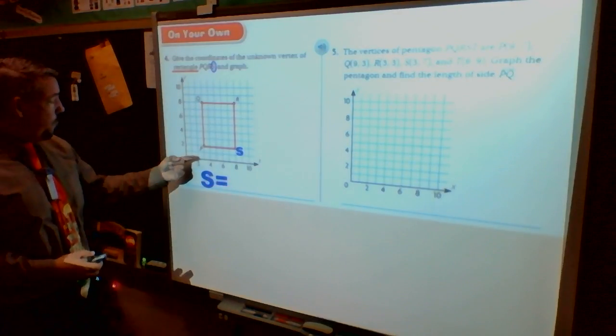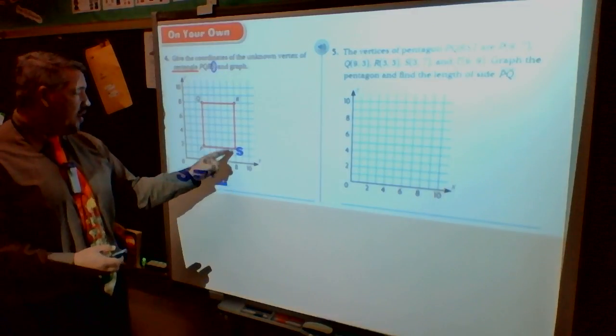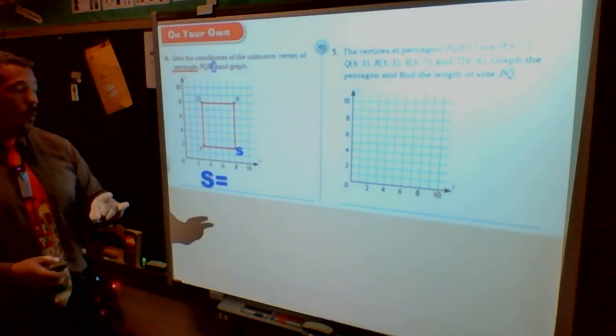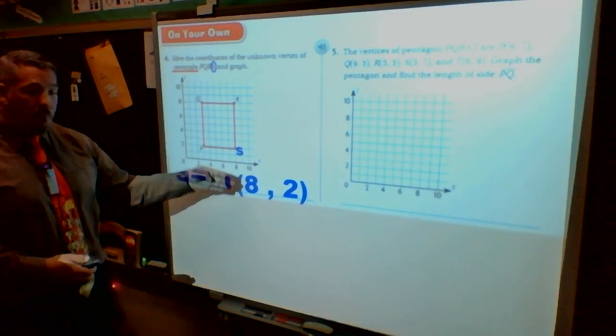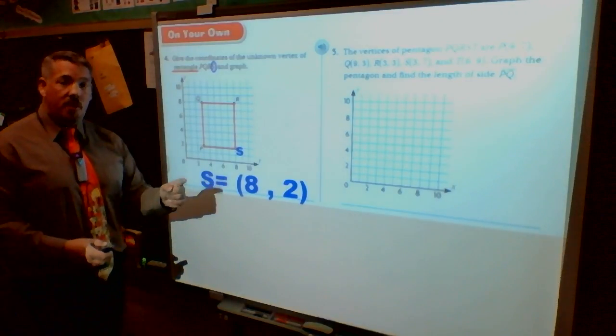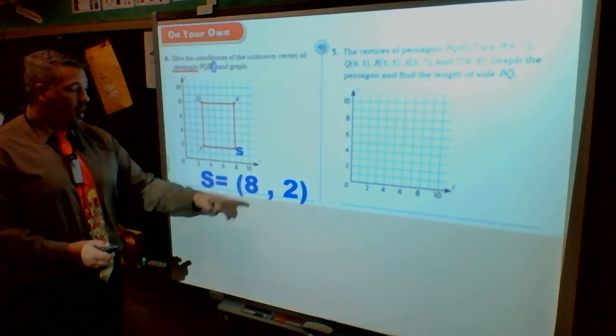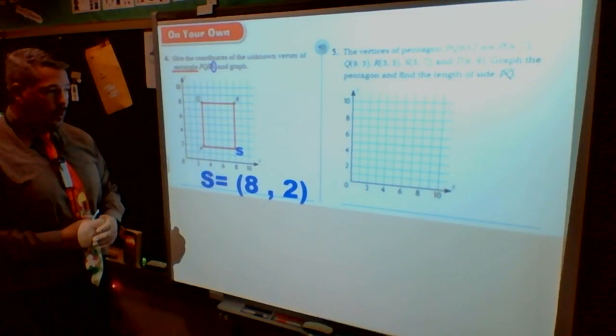I'm going forward 8 on my x-axis, jumping up 2 on my y-axis. So my ordered pair going forward and up is going to be (8, 2). So I did everything it asked. I've labeled it, I found the ordered pair, and I've graphed it. I get all 3 points.